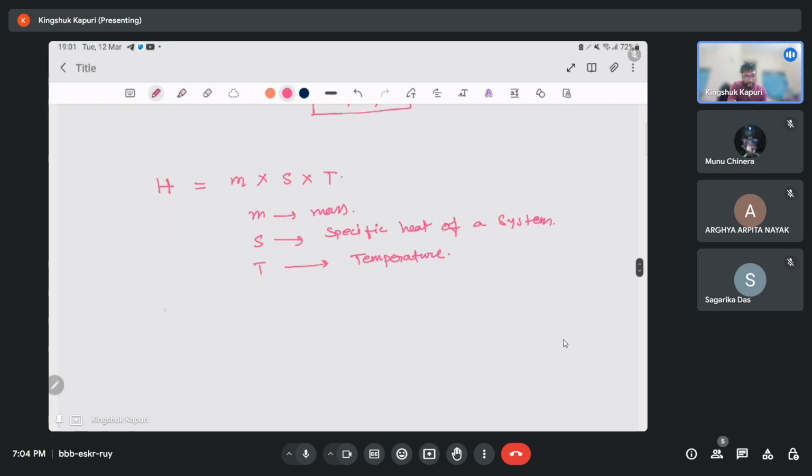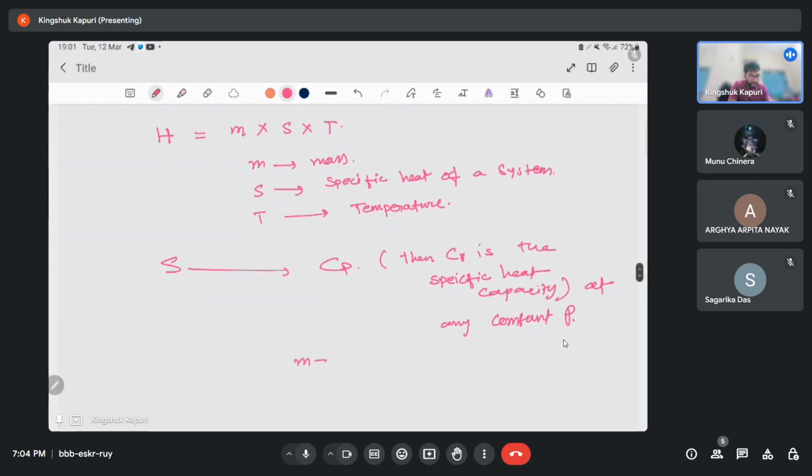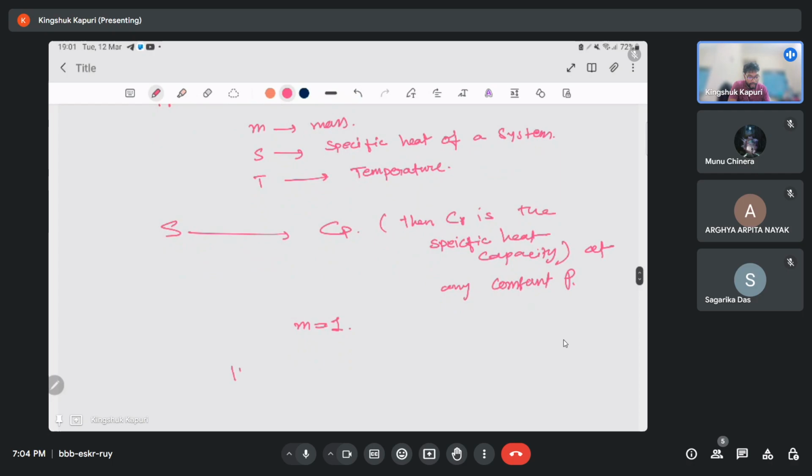So if I replace this S with Cp, then Cp is the specific heat capacity at constant pressure. And if we consider that mass equals 1, then our equation of heat will be Cp into T, right?